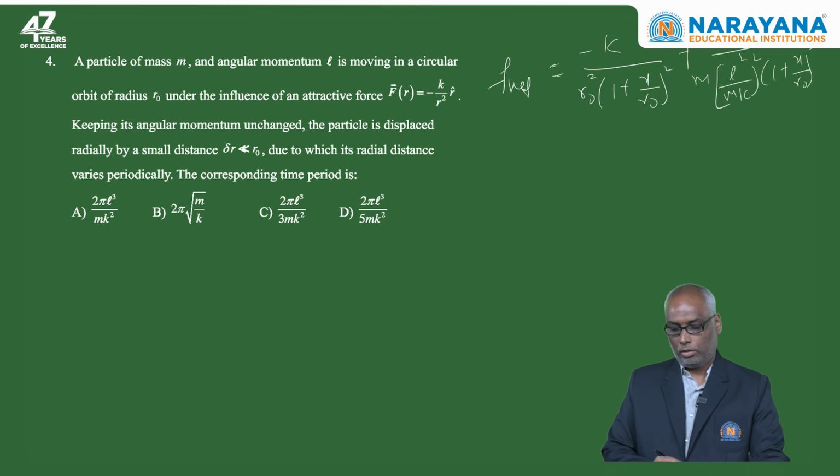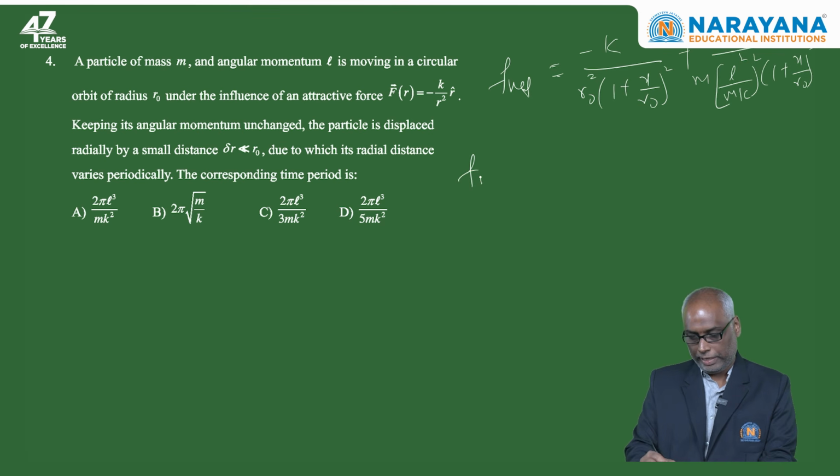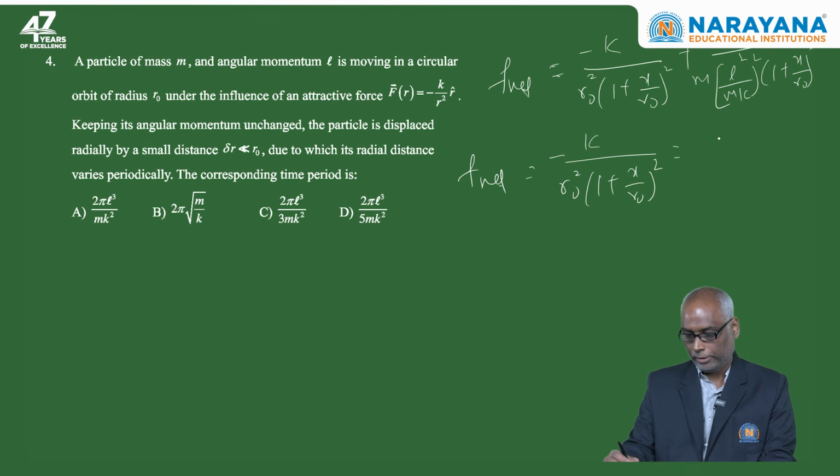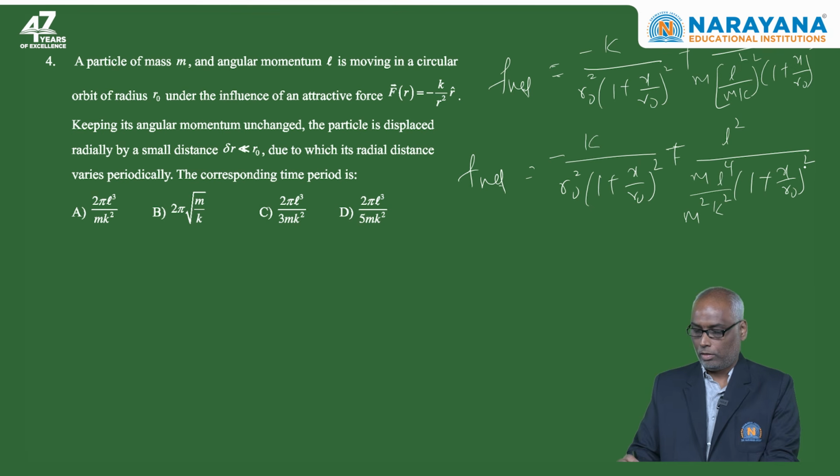Okay. Now, from this equation net force becomes equal to minus k divided by r naught square into 1 plus x divided by r naught whole square, plus L square whole divided by m, L power 4 by m square k square, into 1 plus x divided by r naught whole square.